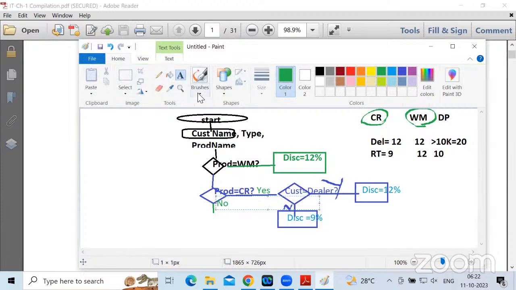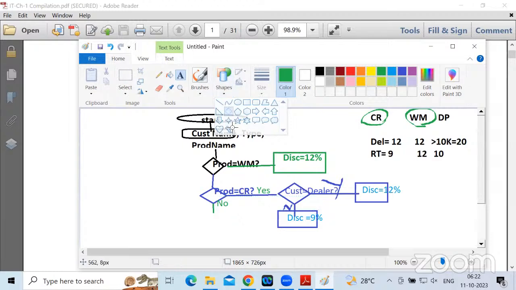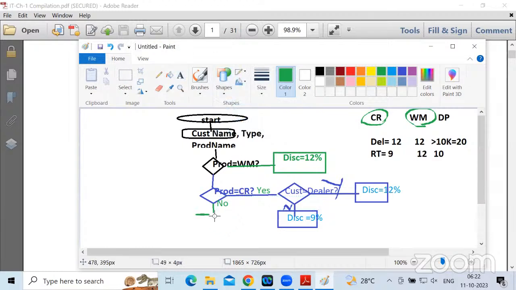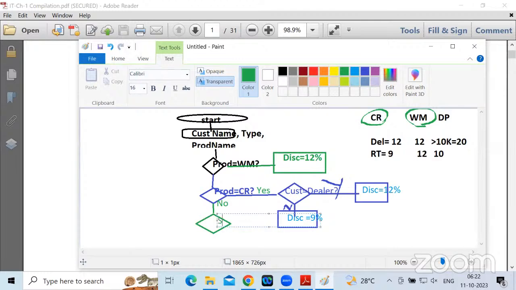So once you understand this is a decorative product, you can go directly for the next process. What is the next process? You have to again verify whether the customer is dealer, or you can ask the question retailer.